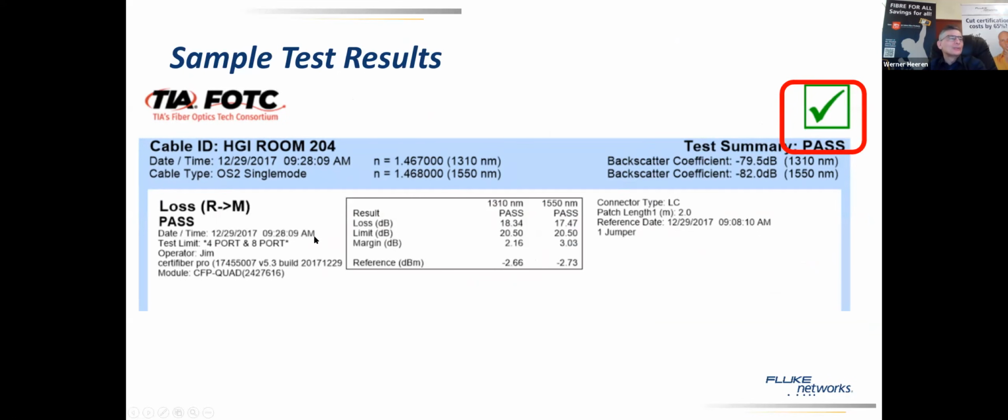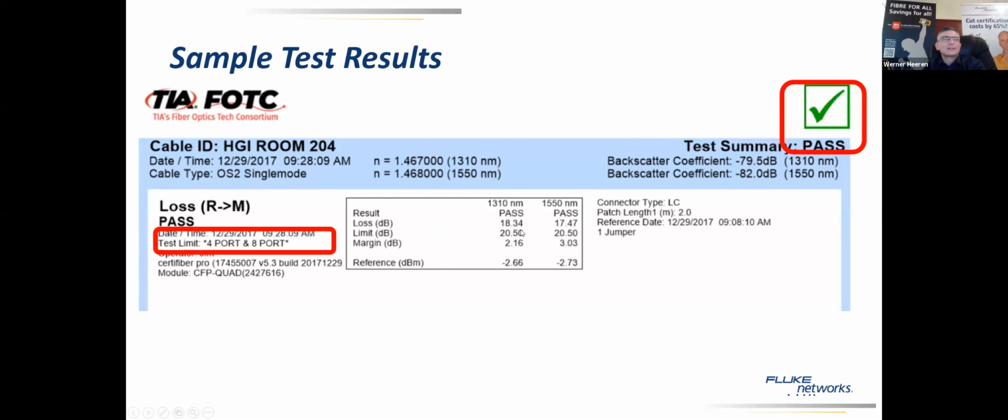For example, you see here the test limit is called 4-port and 8-port. It looks like a strange name, but you see the 2 asterisks. That means it is a user configured, user defined test limit. Remember, we made the calculation, the budget that you have. So here you see the limit.